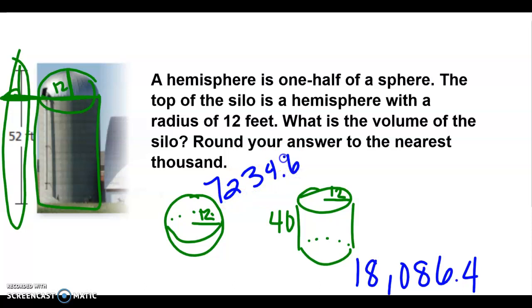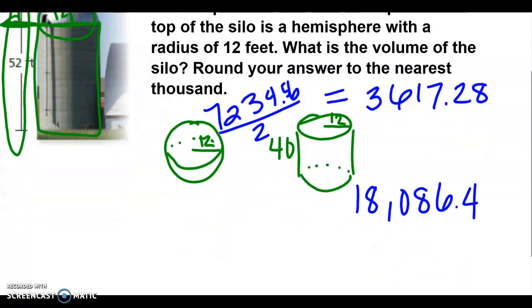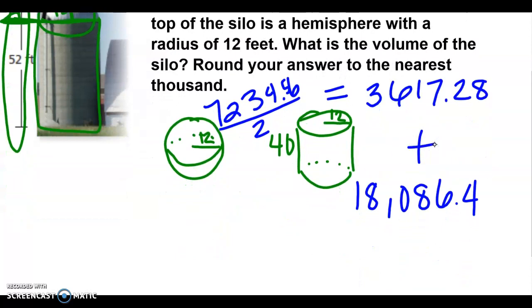Now, however, I need to take that divided by 2, because it's just a hemisphere, it's not the whole sphere. Since I'm dividing by 2, that's going to equal 3,617.28. Now all I need to do is add those together.